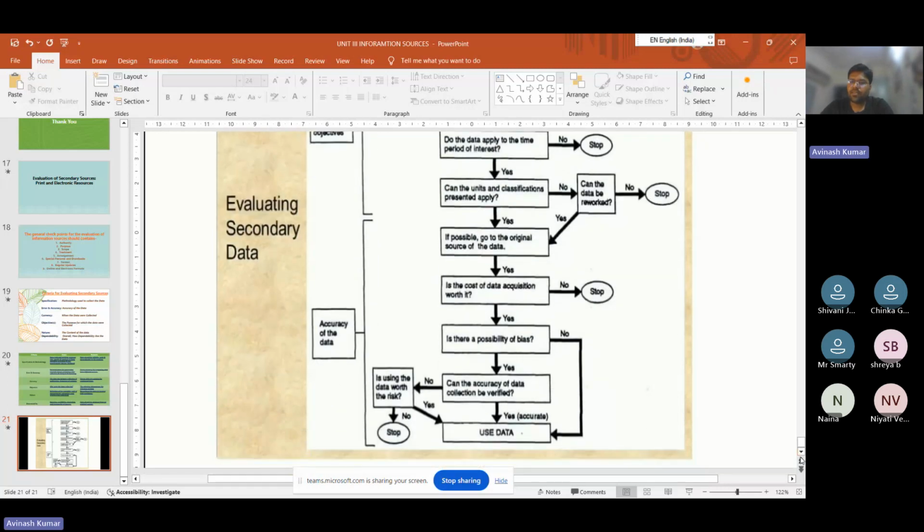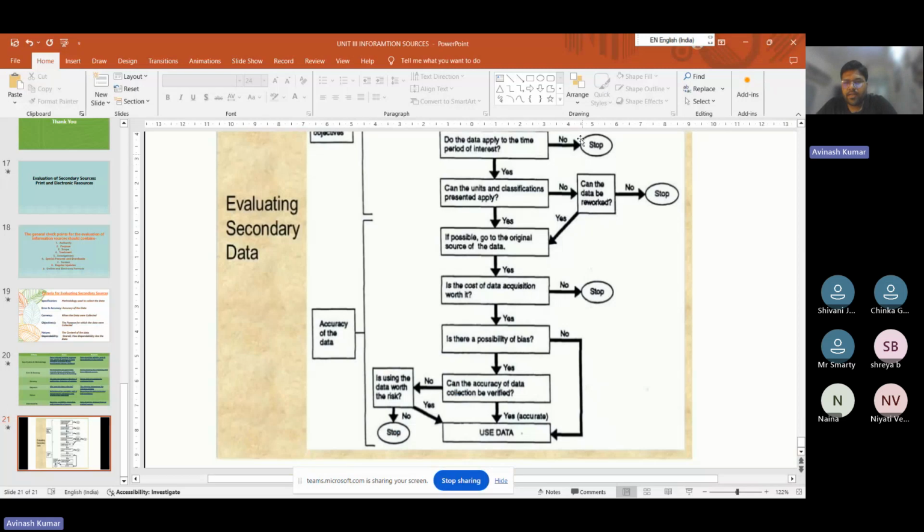Okay, and also you can understand: can the units of classification presented apply? Yes. If you have any loophole in this chain system, you can stop the research and start from the beginning.